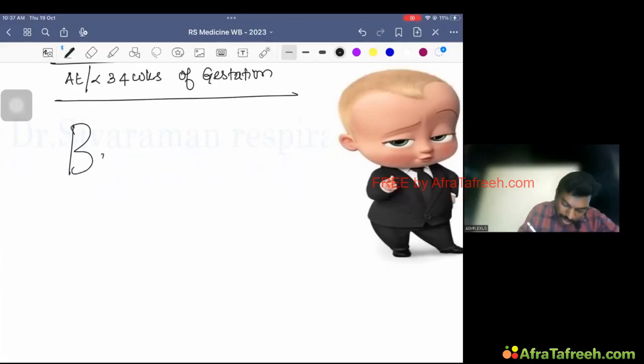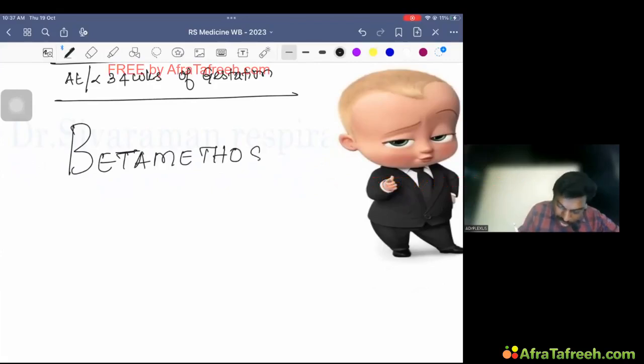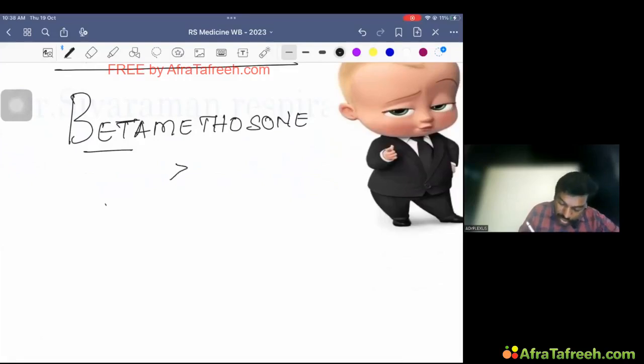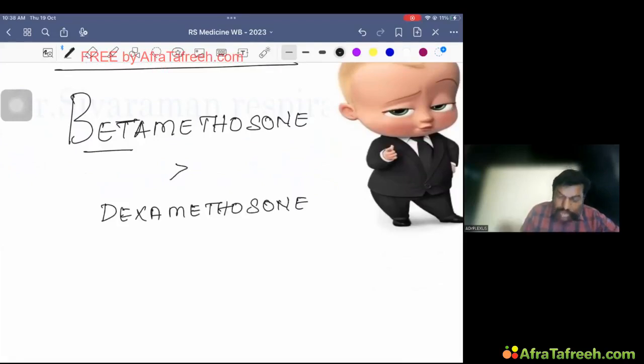You have to give betamethasone, which is the drug of choice over dexamethasone. When you want your baby healthy, you go for betamethasone, because I told you steroids are stimulators of surfactant production. So you go for steroids, in the form of betamethasone.